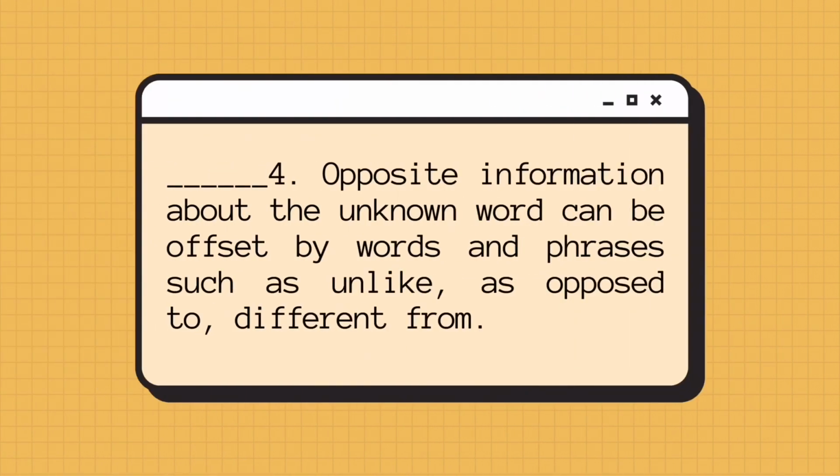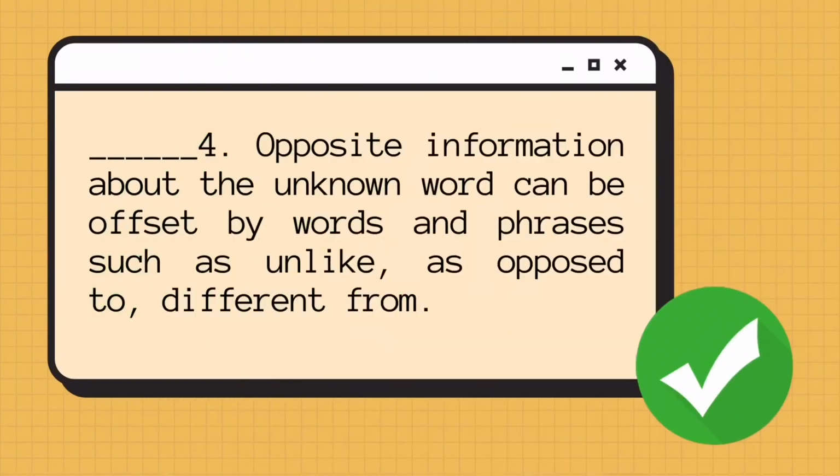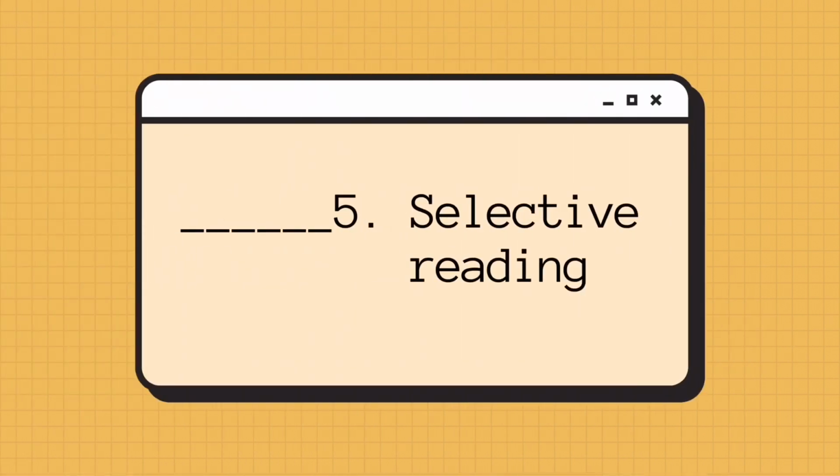Number 4. Opposite information about the unknown word can be offset by words and phrases such as unlike, as opposed to, different from. The answer is a check mark. Number 5. Selective reading.